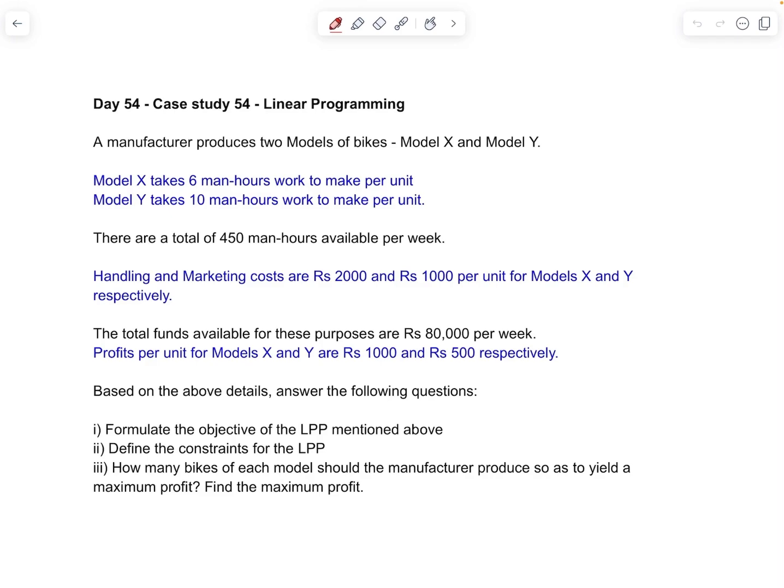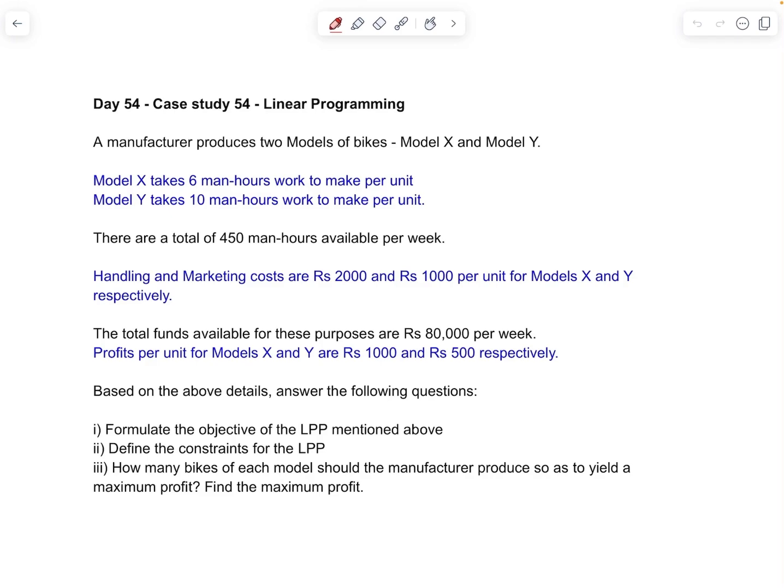Handling and marketing costs are rupees 2000 and rupees 1000 per unit for Model X and Model Y respectively. The total funds available for these purposes are 80,000 per week. Profits per unit for Model X and Y are rupees 1000 and 500 respectively. Based on the above details, answer the following questions.